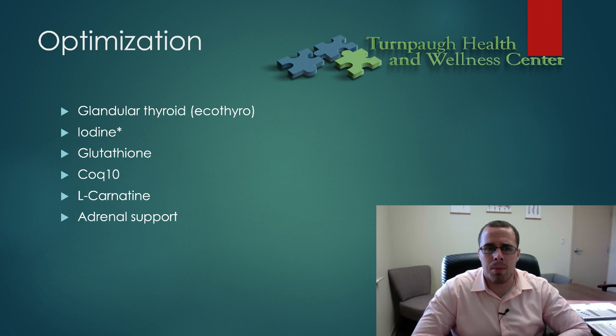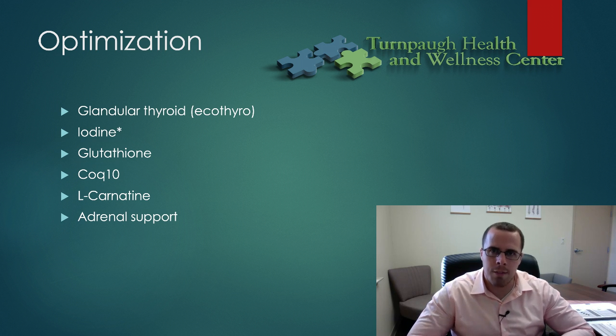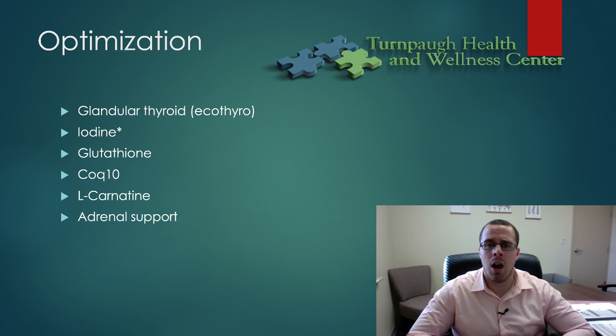So how do we optimize your thyroid here? First we want to make sure we have adequate testing done. That's priority number one. Second priority is we have good, healthy nutrition, a low inflammatory diet, rich in good antioxidants, staying away from excessive amounts of gluten, dairy, and sugar.